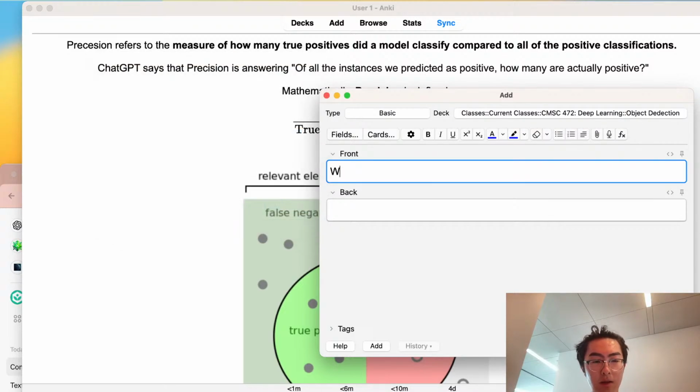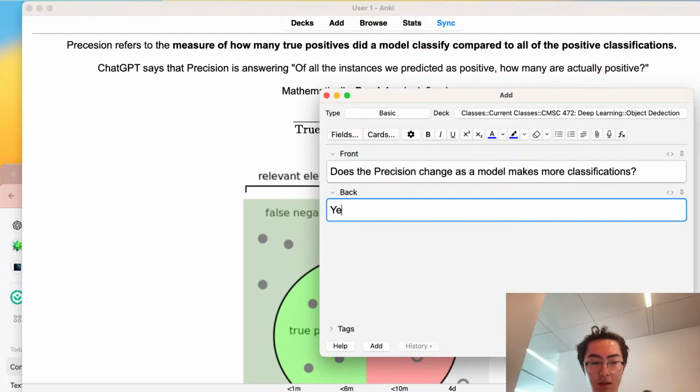Alright, so does the precision change as a model makes more classifications? Yes.